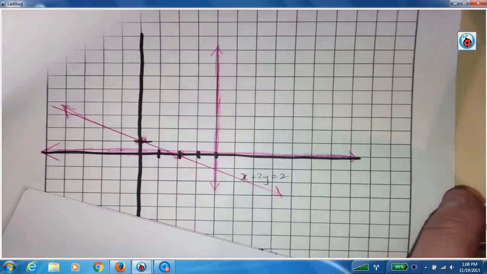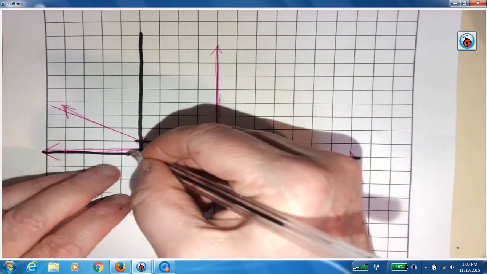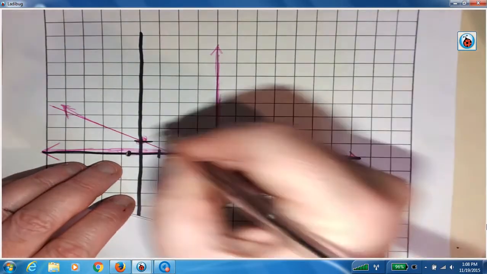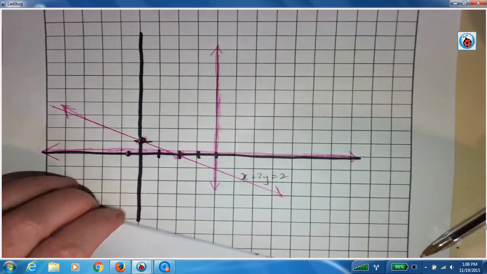Okay. So where would negative 2/3 be? It'd be about there. And I have an intersection point there. So I can draw that line now.